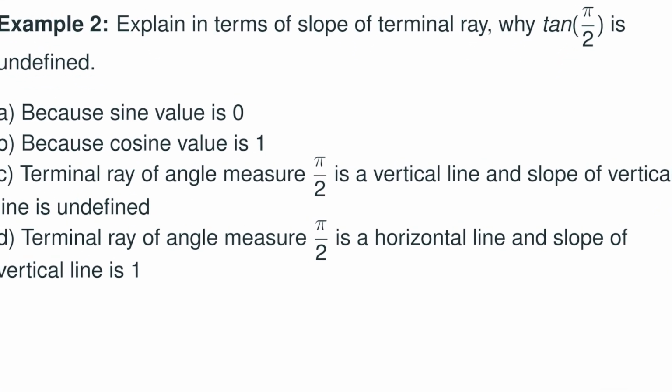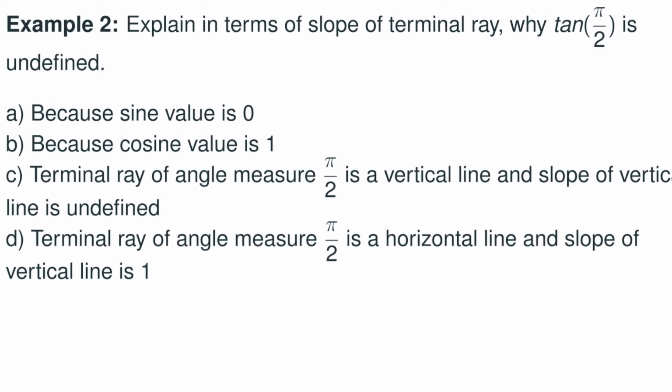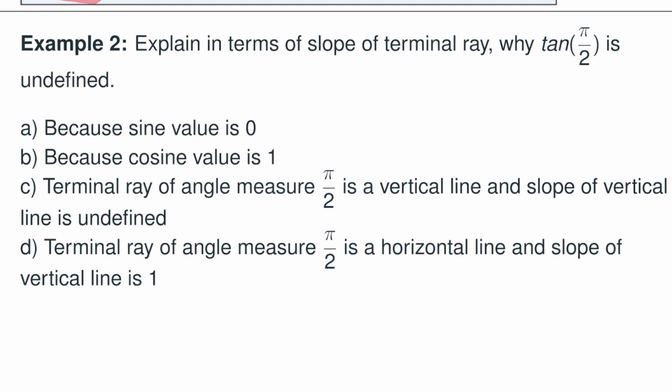So let's look at this example. Explain, in terms of the slope of terminal ray A, why tangent pi over 2 is undefined. Okay. I suggest you pause, try on your own, and come back.